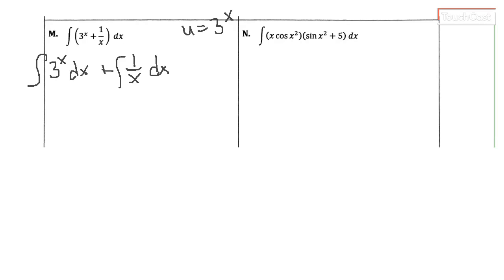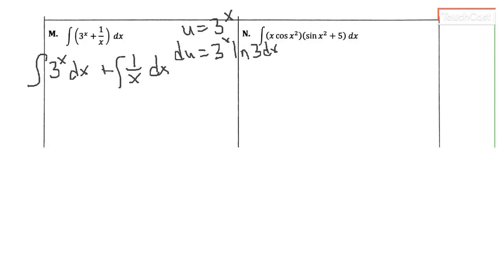If we do that using our derivative rules, the derivative of 3 to the x is going to be 3 to the x times the natural log of 3 dx. So we're going to just replace some stuff.